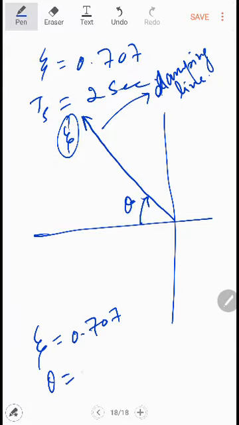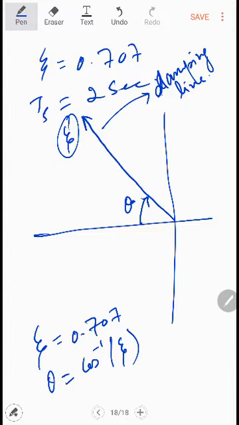The angle theta is equal to cos inverse of zeta. We discussed this in the time response analysis of the second order system, so you can go through that for the details.